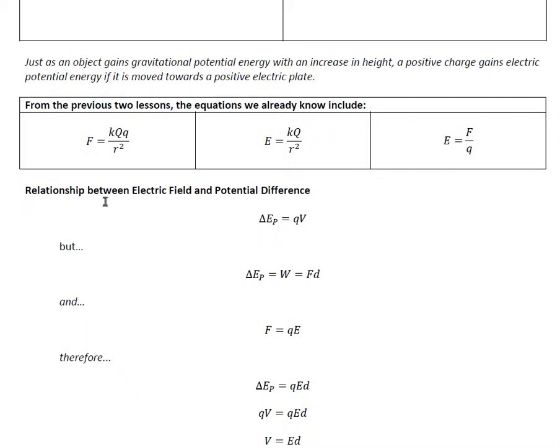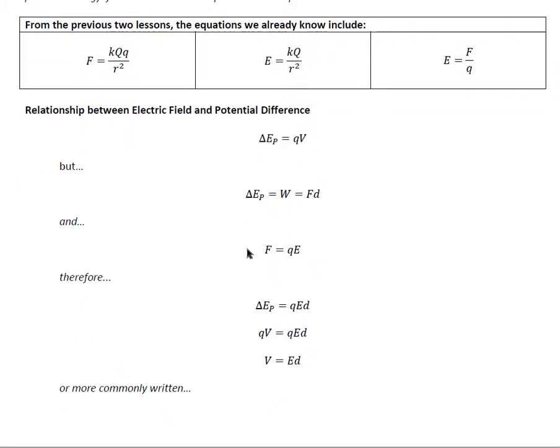So now we can actually derive a relationship between electric field and potential difference. So this is the equation we just showed today. That change in potential energy is equal to Q times electric potential, voltage. But the change in potential energy is just work. We know work is force times distance. So if we take this equation, I'm just going to rewrite it like so.